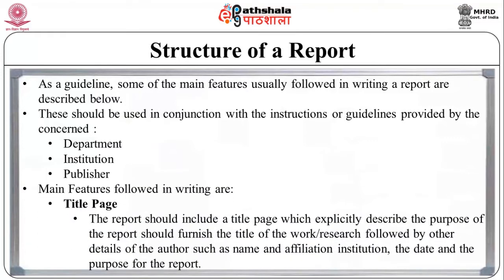The report should include a title page which explicitly describes the purpose of the report, and should furnish the title of the research work, followed by other details of the author such as name, affiliation, institution, date, and the purpose of the report. When I say name, it should be the full name. That is very important, not initials.